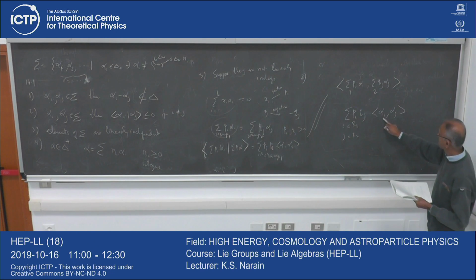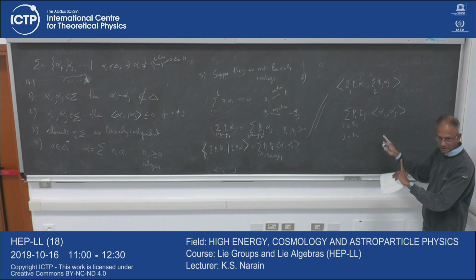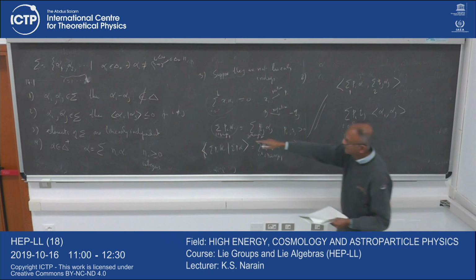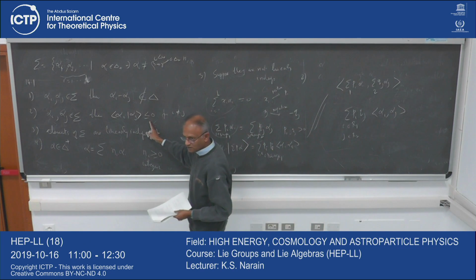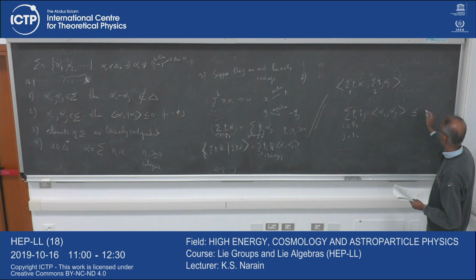And now I can write this as the sum over pi qj alpha i alpha j. But since i and j have no overlap, these are all different simple roots, and we have already shown that these are all less than or equal to 0. So this is less than or equal to 0.